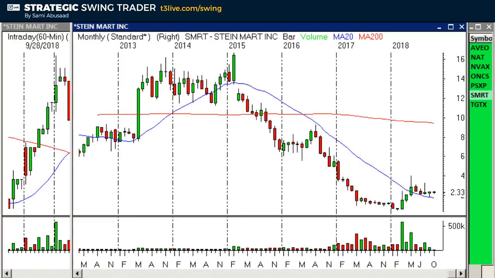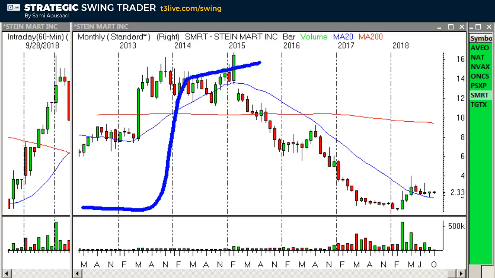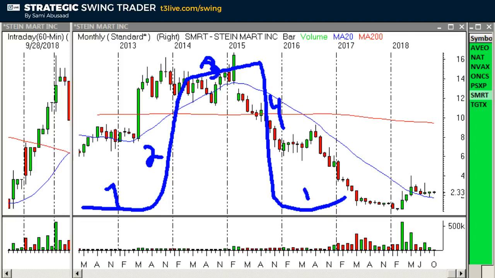Smart, a lot of transition A setups on the monthly chart. What's a transition A? Transition A is when you end the four-stage cycle. This is the four-stage cycle. Once it ends, this is stage one right here, stage two, three, the top, four, the downtrend, and then you get stage one again, two, three, four, and the cycle repeats, right?